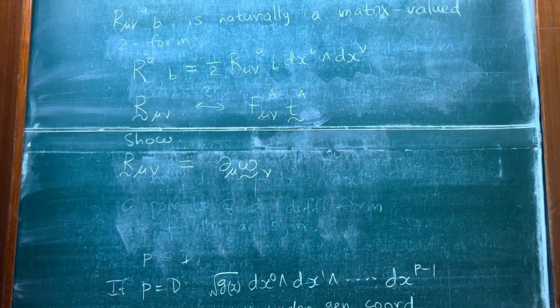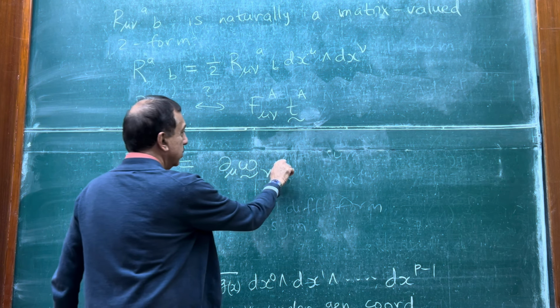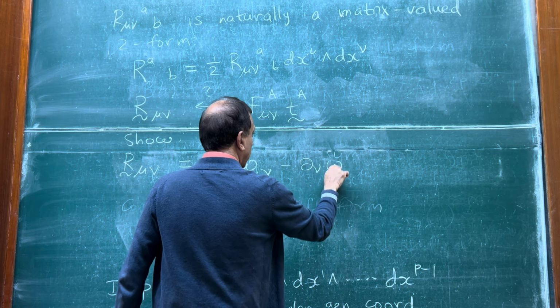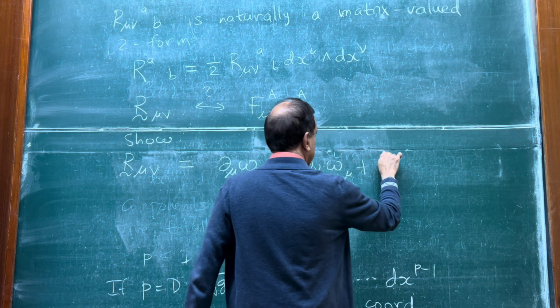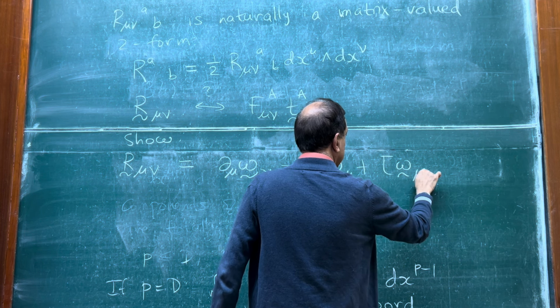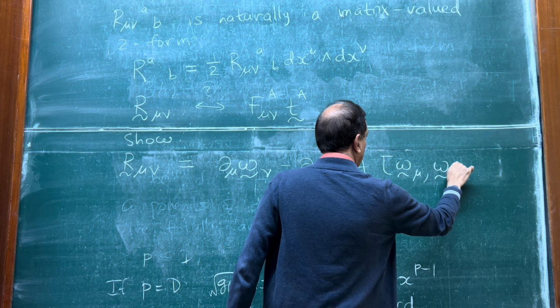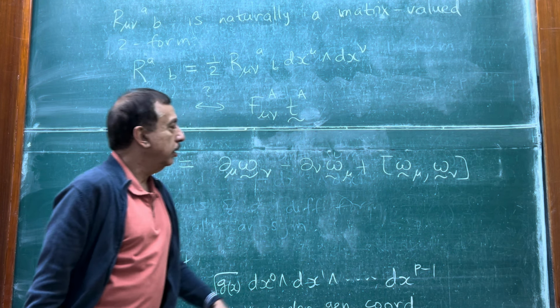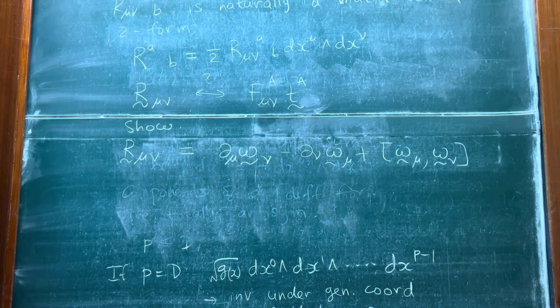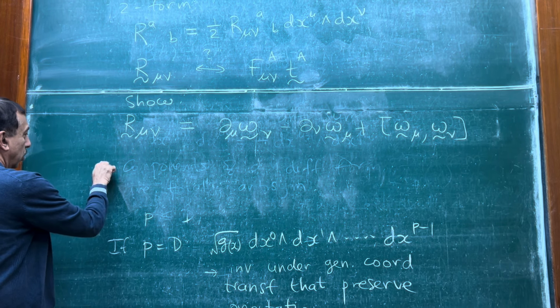So again I suppress A and B and I treat it as a matrix in the internal Lorentz space and a vector in spacetime. And so it is this minus this plus this. And this is precisely the analog.